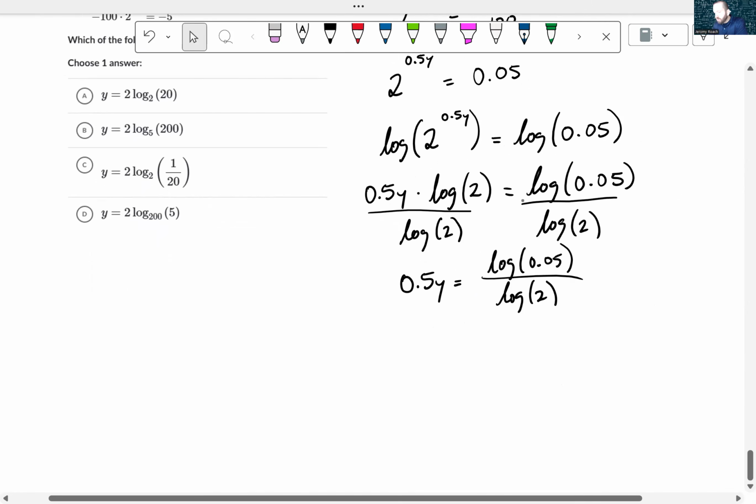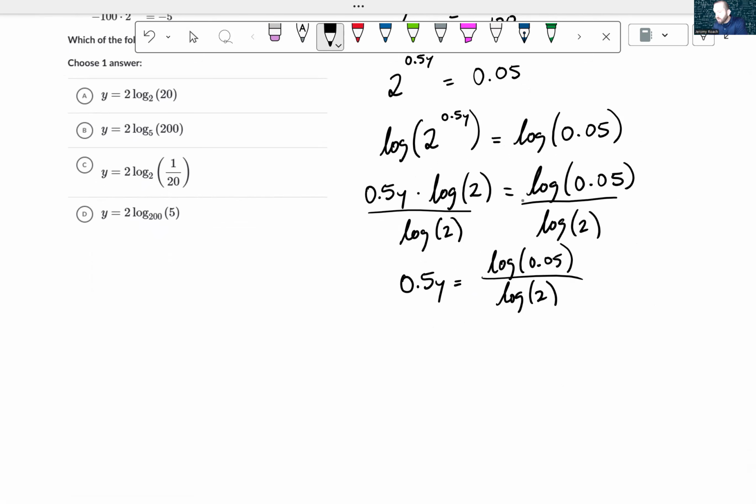Okay, before we go any further with this, I'm going to change this now with the change of base rule. To do that, we're going to go backwards. So we're going to now write this as a single log.